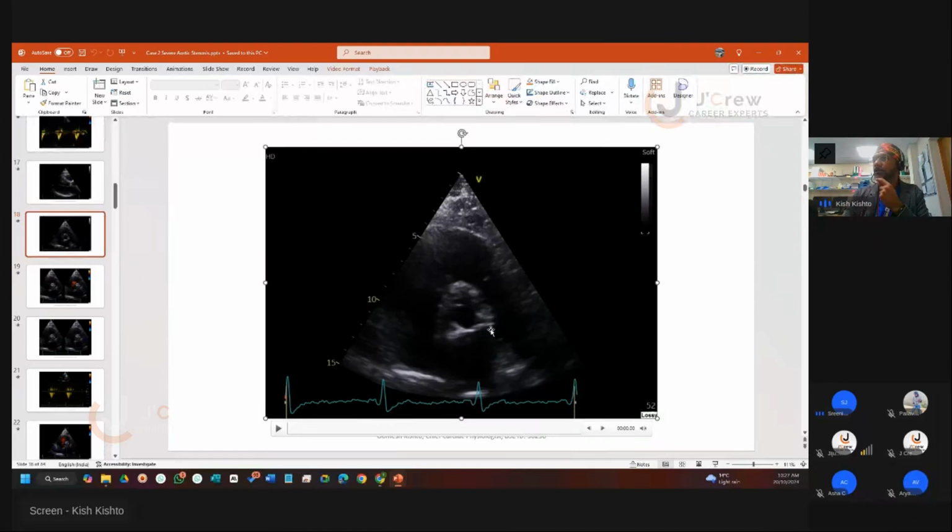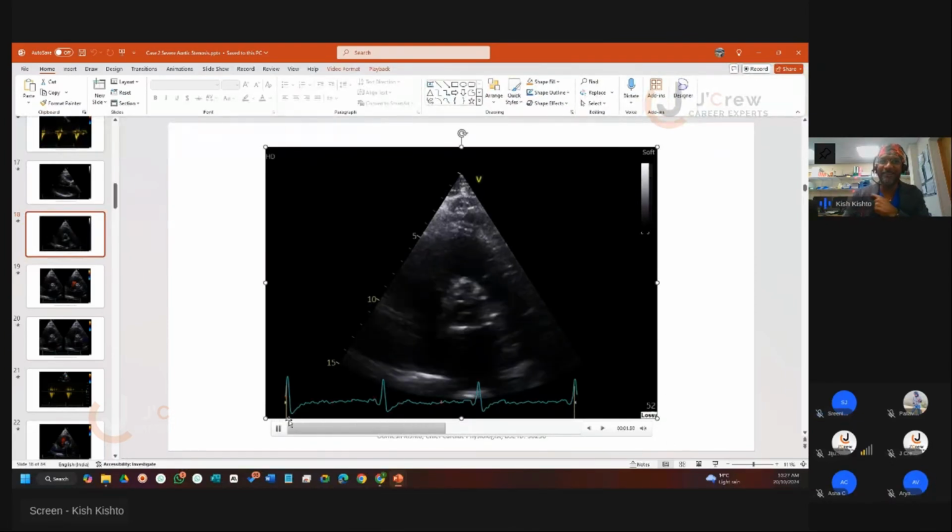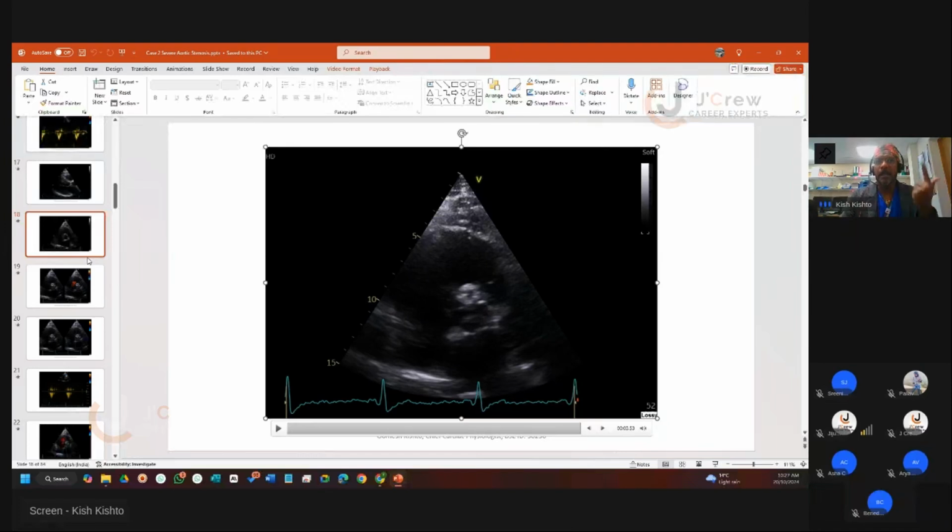Okay. Routinely, I don't measure the area like that, and that will depend on your height and weight, and also on the guideline that you're following, depending on the European, the BSc, or the American guideline.